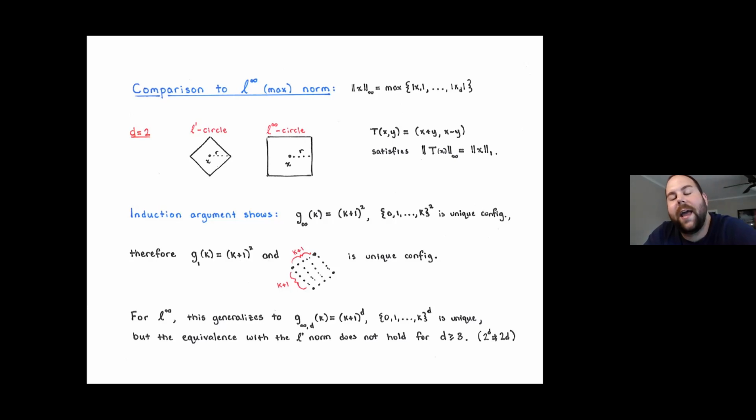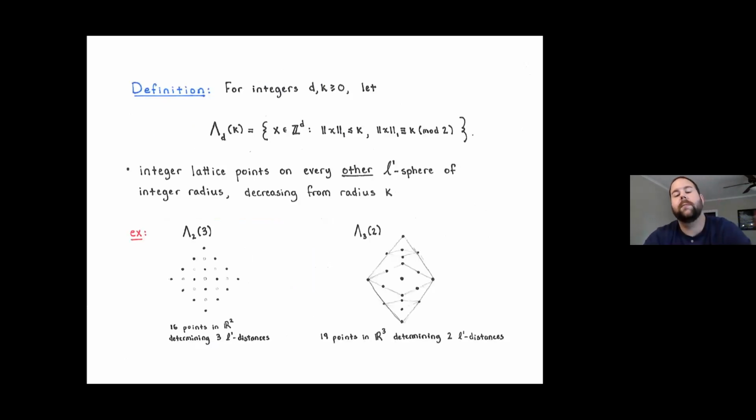Because an L infinity sphere in any dimensions is basically a cube. So you've got to do something different if you want to generalize this definitive answer in 2 dimensions for the L1 norm. You've got to do it differently other than just appealing to the L infinity norm.